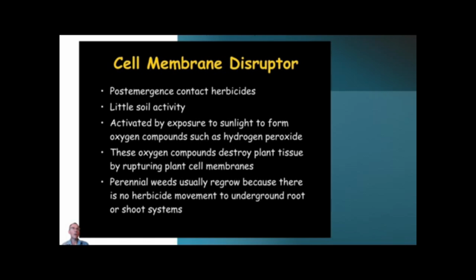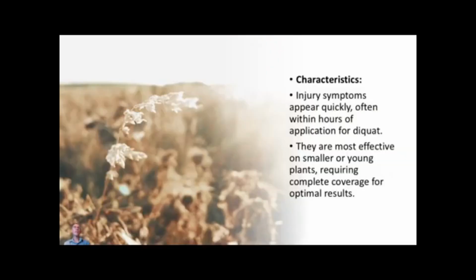Perennial weeds usually regrow because there is no herbicide movement to underground root or shoot systems. Characteristics: injury symptoms appear quickly, often within hours of application for diquat. They are most effective on smaller or young plants, requiring complete coverage for optimal results.